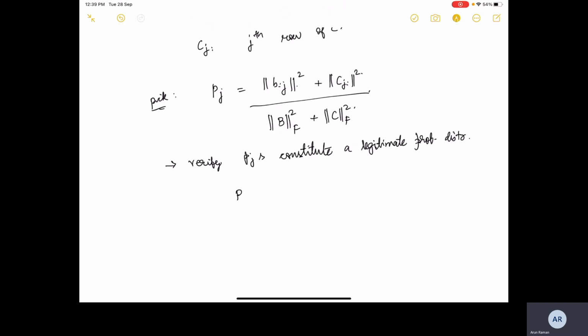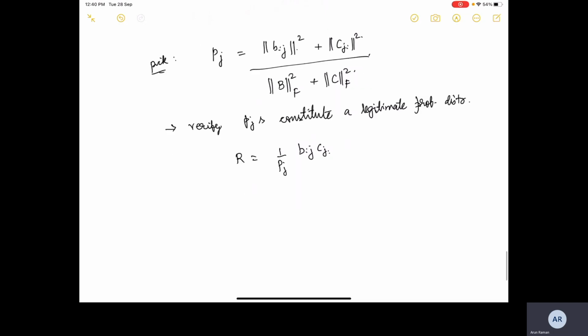And now, consistent with our general algorithm, or the general strategy that we had discussed at the beginning of the lecture for random sampling, we construct R as follows. We take the product of the jth column of B and the jth row of C, and divide it by their sampling probability Pj.